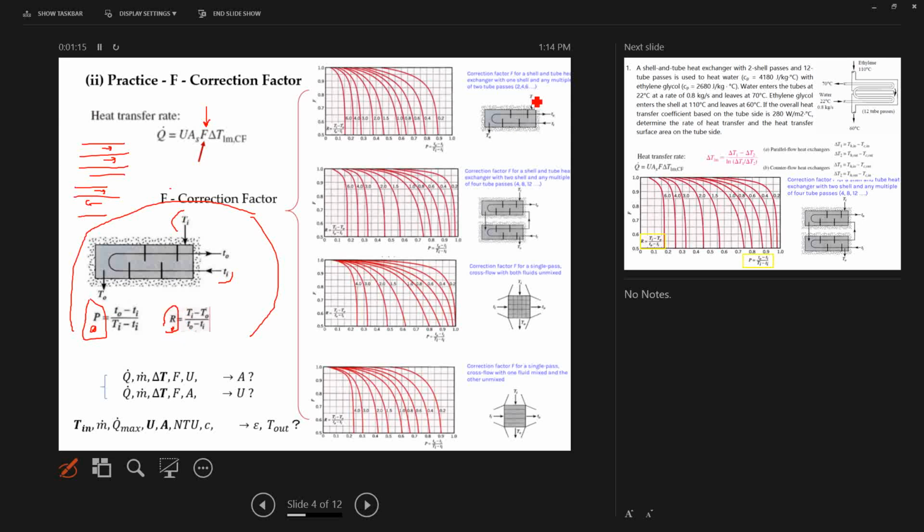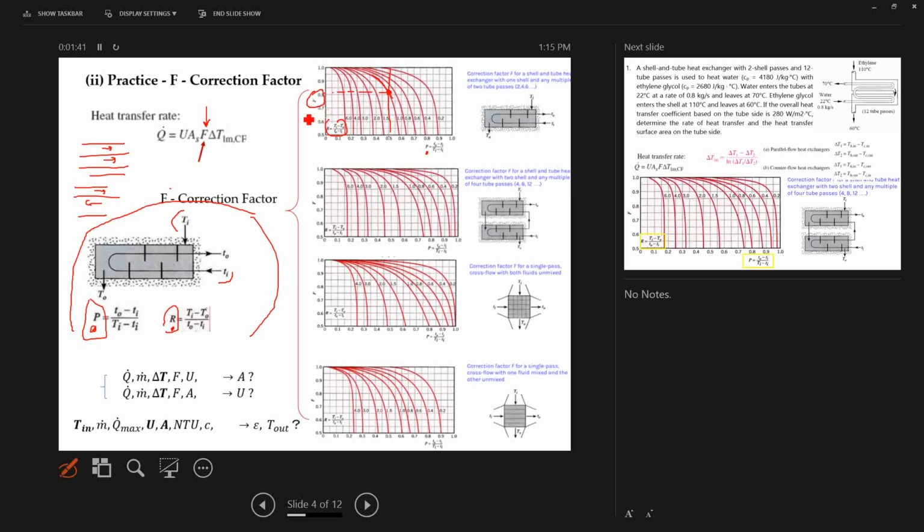So for example, if we have this configuration and you have small t in and t out and capital T in and T out, if you have P calculated as 0.5, then you can find it from this line, and also find out what your R value is. So for example, if R is 1, this should be your correction factor.